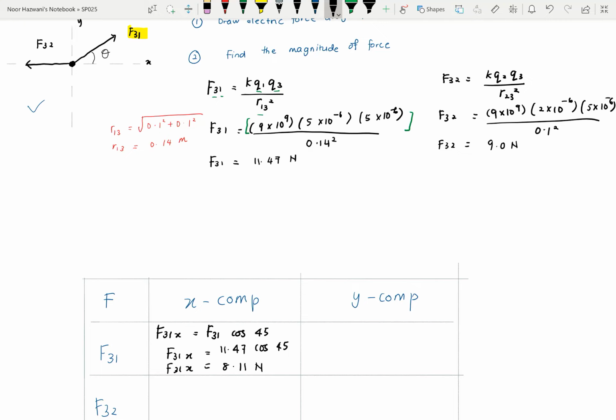Itu untuk paksi X. Untuk paksi Y, F31y would be equals to F31 sin 45.